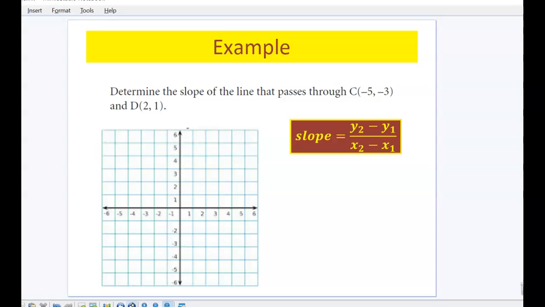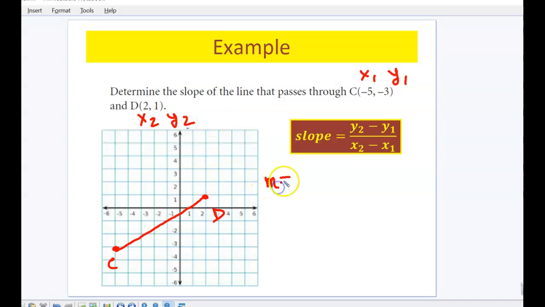All right, say we want to determine the slope of the line passing through the points -5, -3 and 2, 1. So -5, -3 is this point right here. And point B is 2, 1, which is right there. And we want to find the slope of that line. Now, without even graphing it and counting rise over run, we can use our slope formula. I'll call this point x1, y1, and this point x2, y2.